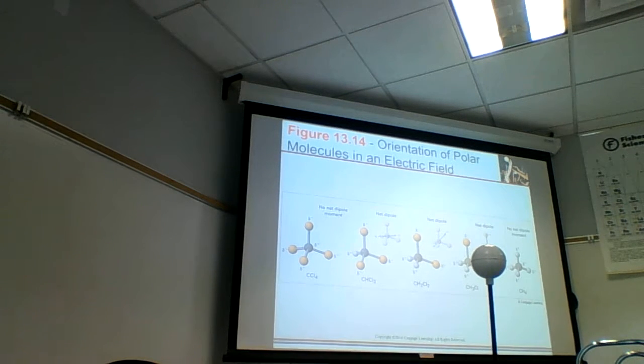How do I draw a tetrahedral? Where should I put the lines? Where should I put the wedge? Well, you should be able to do this. And then we'll throw out the chlorine.